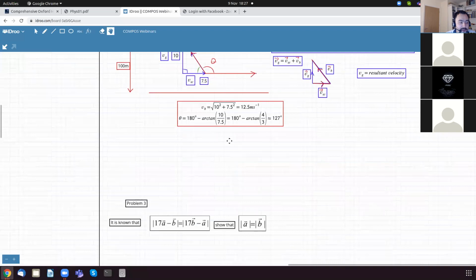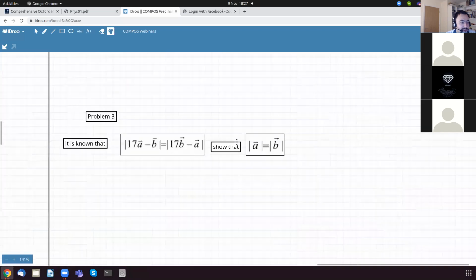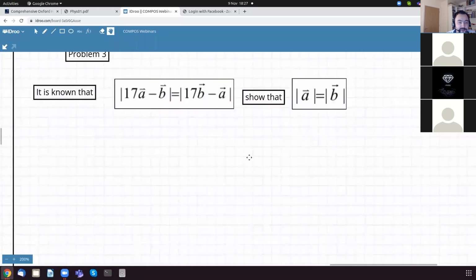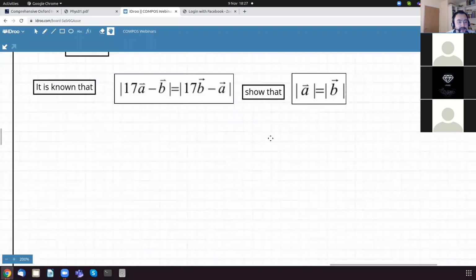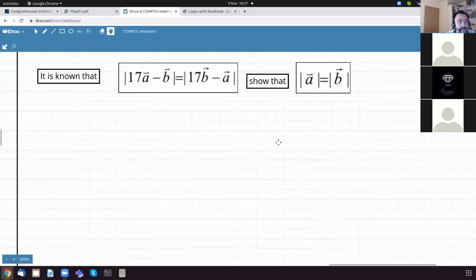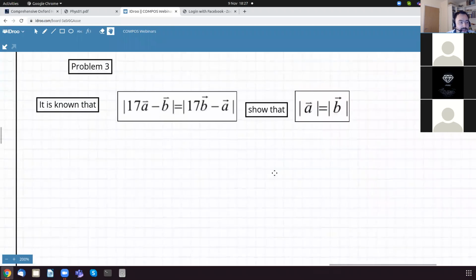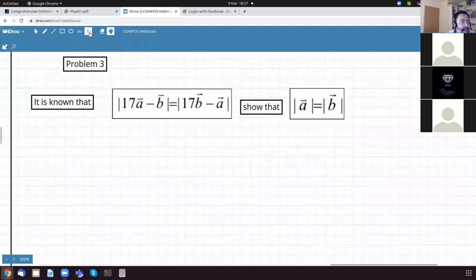Now, if you look at problem 3, you will definitely recognize it. It's from here. So I'm not sure I want to do it fully because it's very, very similar. But I'll show you how to do it.